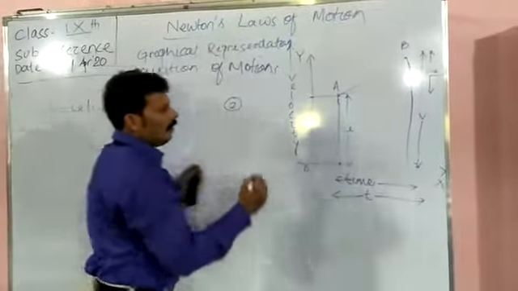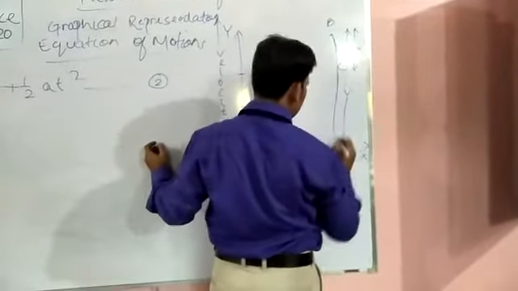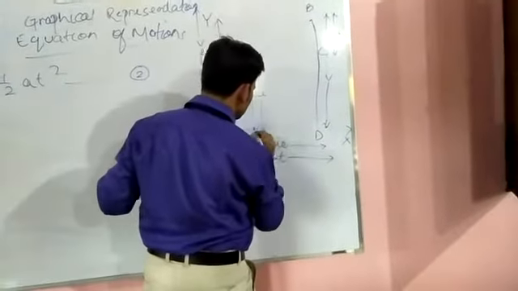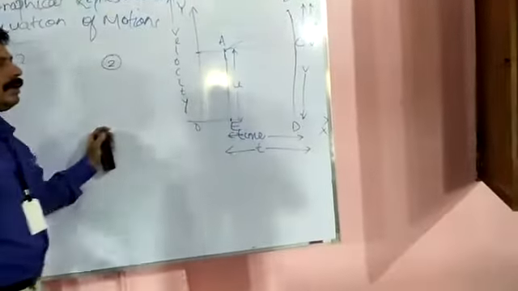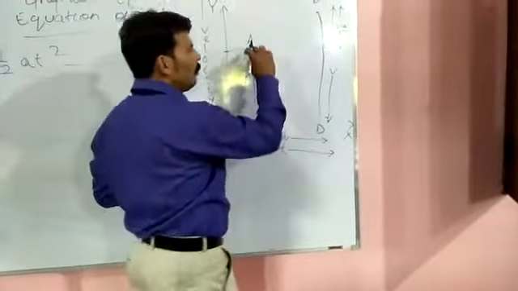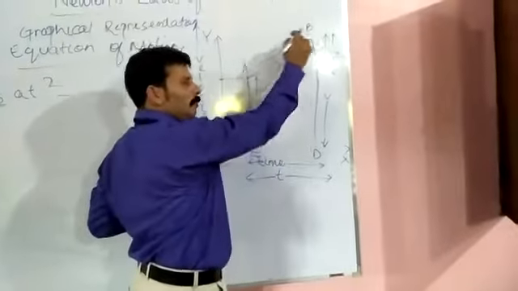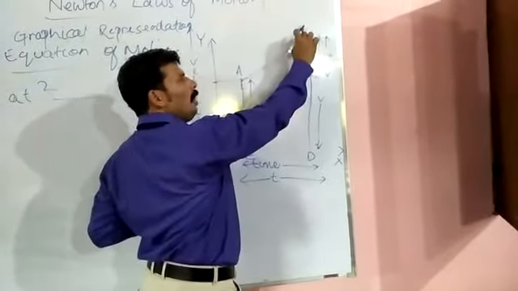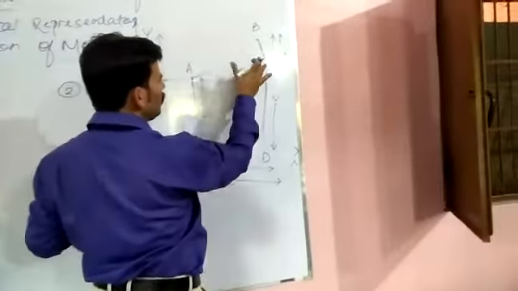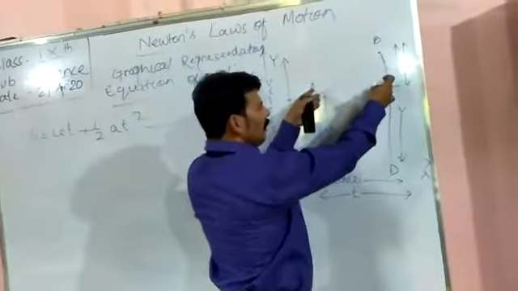From this figure, let us name the points: this point is C, this is E, and this is D. Here, if the body took time t for moving from point A to B, then the time taken to go from A to B is equal to t. As time is represented on the x-axis, this distance is equal to t.